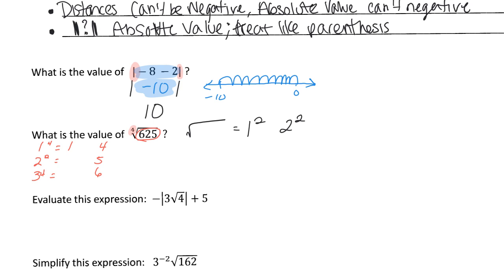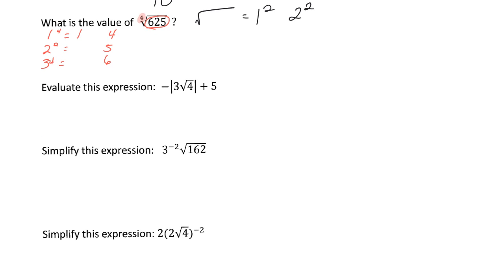Alright, so moving on, hopefully you got the right answer for that. Now we're going to talk about simplifying square roots inside absolute values. Again, we treat absolute values like parentheses, so we have to work what's inside the absolute values first. Everything else stays what it is. The opposite of the absolute value of 3 times the square root of 4, which is 2, plus 5.